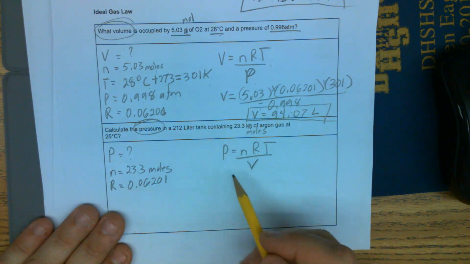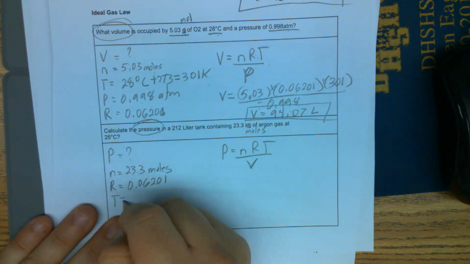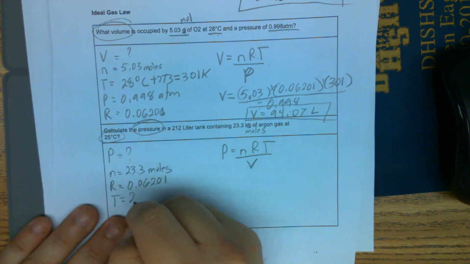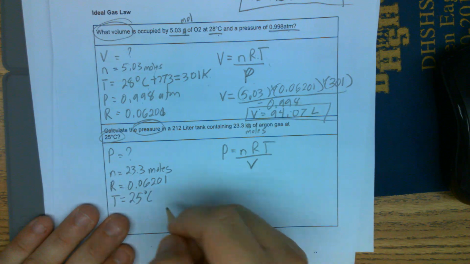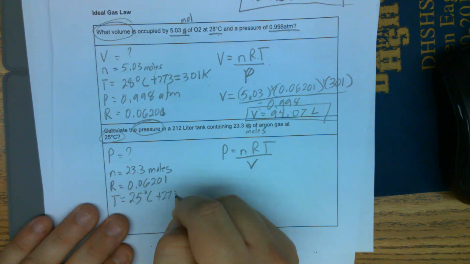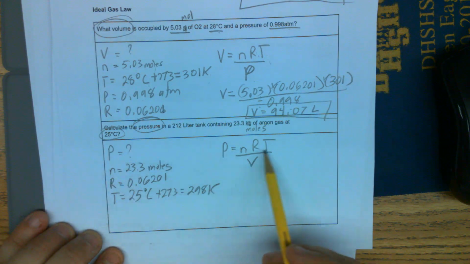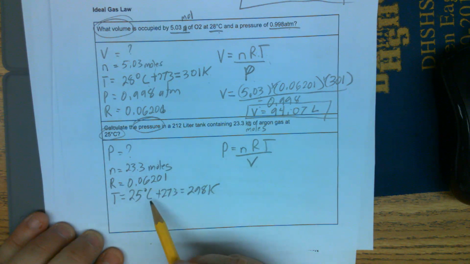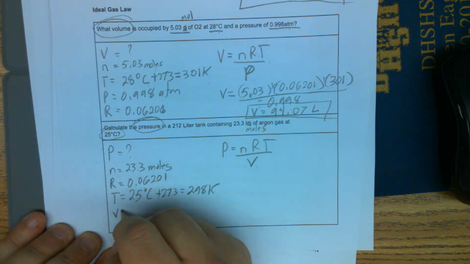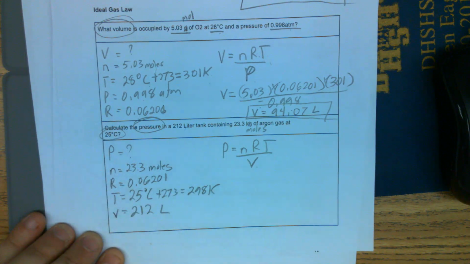T is going to be our temperature. They give us 25 degrees Celsius. We'll add 273, which gives us 298 Kelvin. We were looking at this, RT over V. We just need the volume. So the volume is 212 liters.